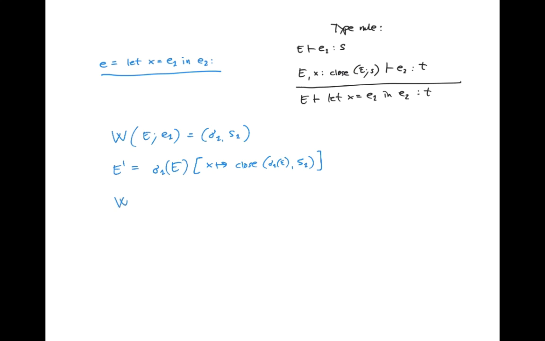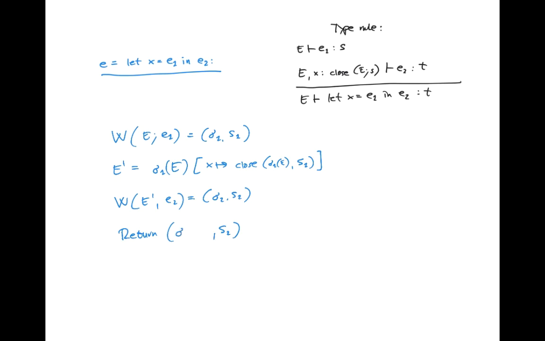We call the W algorithm on this new E prime, and on E2 we find sigma 2 and S2, and then what do we do? We return S2, and what's the substitution?